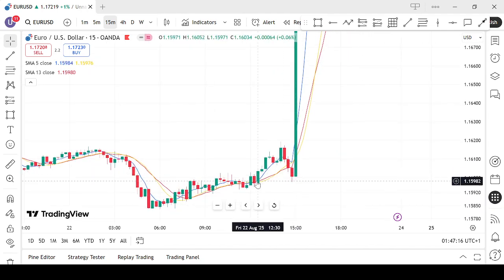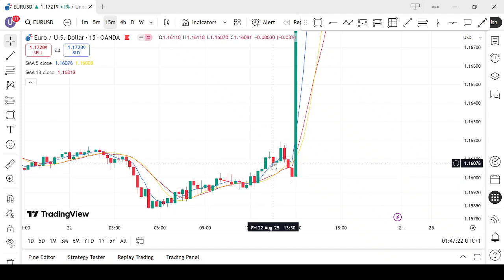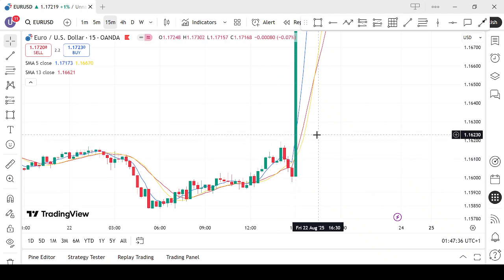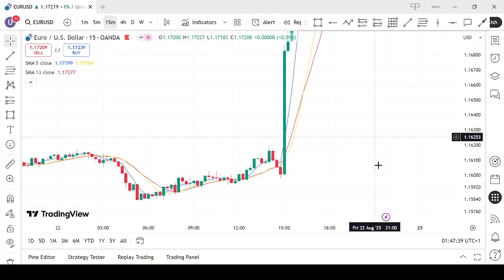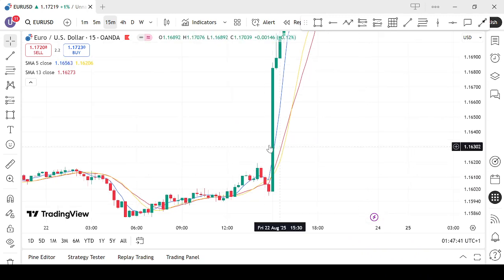When you notice the crossover, as you can see, the green has crossed over, the blue has crossed over the red and the yellow, and at this point you can see that the red crossed over the yellow at this point, and everything with the 5 simple moving average is above the 8 moving average and the 13 moving average.